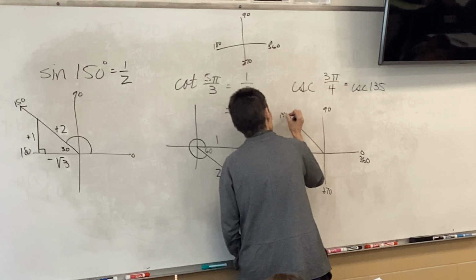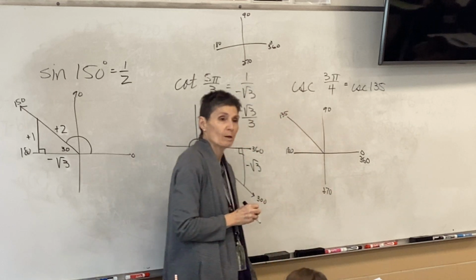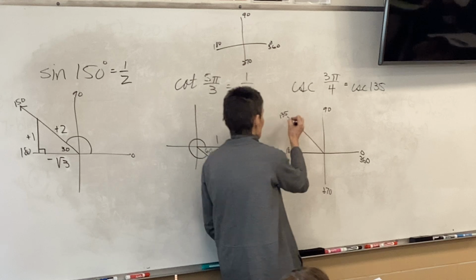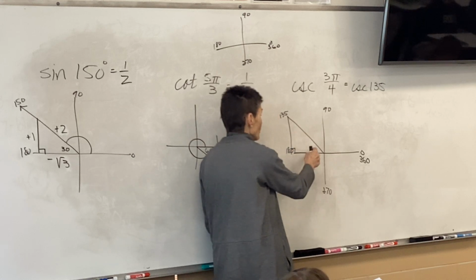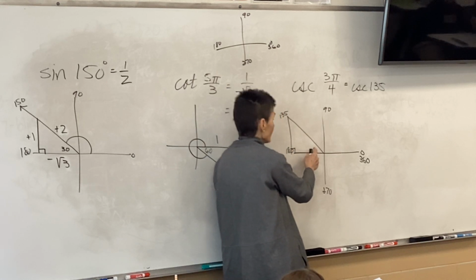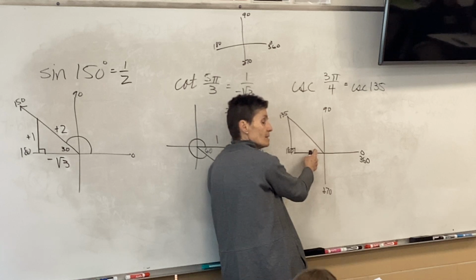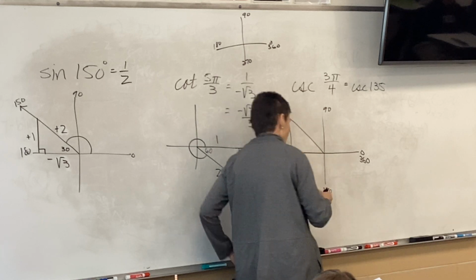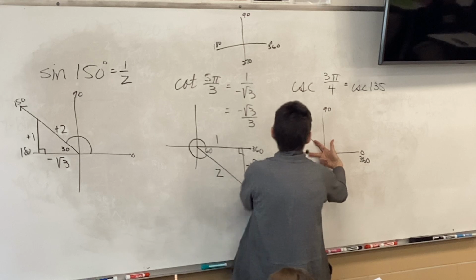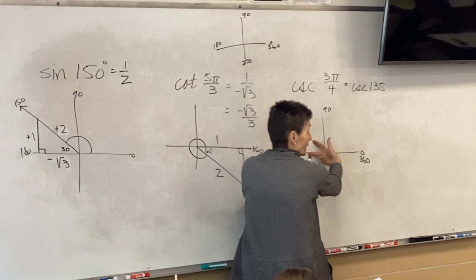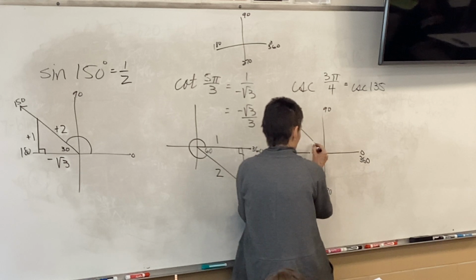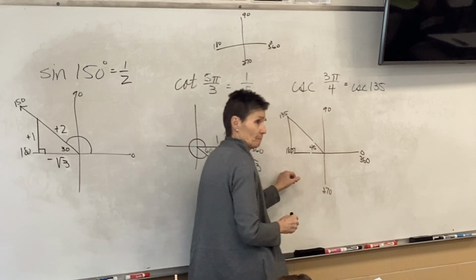And hopefully you put it, like most of the others, in quadrant 2. And you dropped your perpendicular, so what we call this the reference angle. This little angle right here is, remember, think about my fingers making that angle. It's 135 and 180. Bottom's negative. Isn't that a 45?